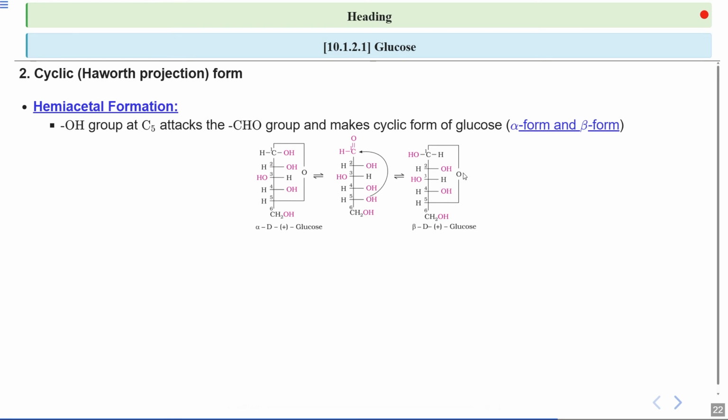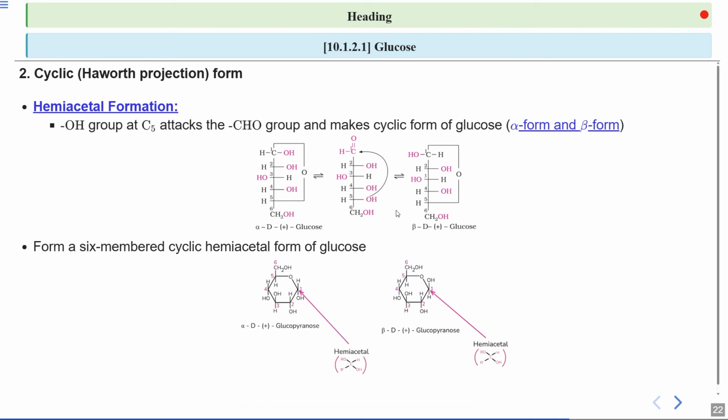This is the alpha form, where on carbon number 1 we have the OH group on this side, and in the beta form at carbon number 1, the OH group is on this side. So this attacks the CHO group and makes the cyclic form of glucose. This ring structure is called a cyclic hemiacetal. It is a 6-membered ring, which chemists often call a pyranose ring.